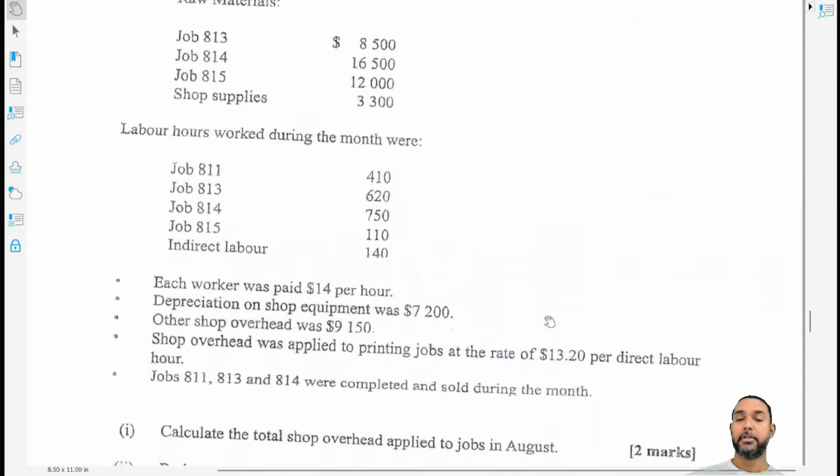Shop overhead was applied at $13.20 per direct labor hour, and what we see here are the direct labor hours for each job. So all you're going to do is add up these four items and multiply that total by 13.20. Do that quickly for me.